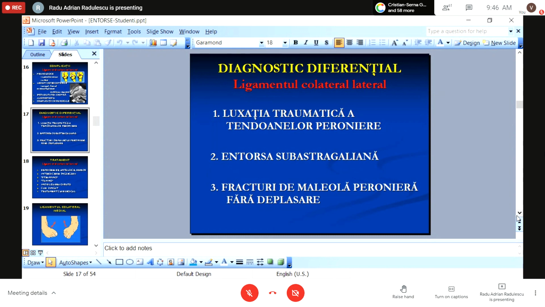So we are not in too much error if we confuse the subtalar sprain with the ankle sprain, because, like I said, the patient will benefit from the same treatment, which we suppose will be the correct one. And finally, I have already told you that the most frequent differential diagnosis must be done with the non-displaced fractures of the lateral malleolus. Of course, this is done by X-ray examination.